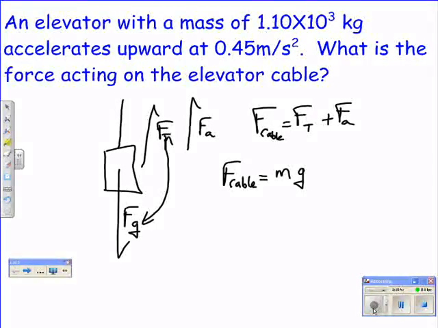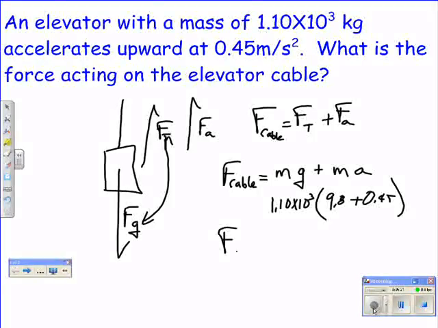Plus the mass of the elevator times its acceleration as it goes up. Well, the mass is 1.10 times 10 to the third. I'm just going to factor that out. 9.8 plus 0.45.